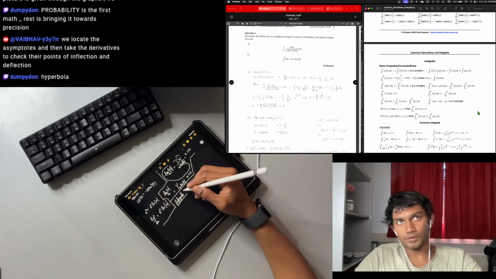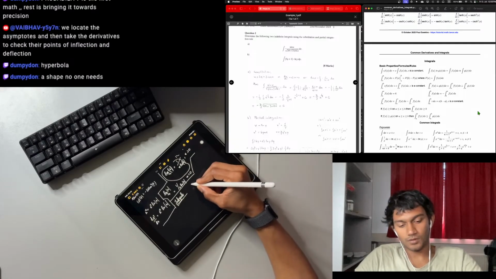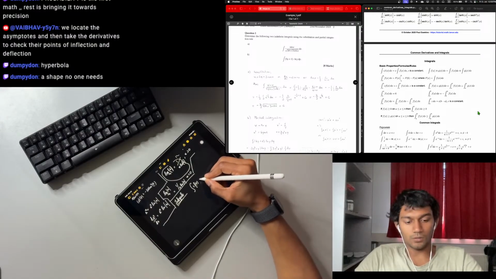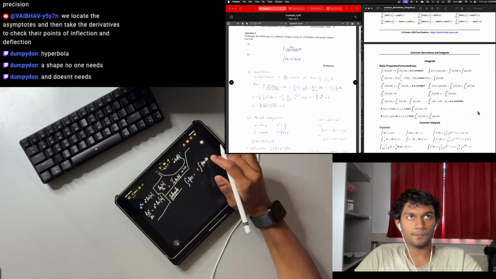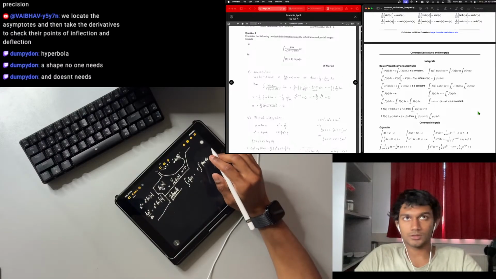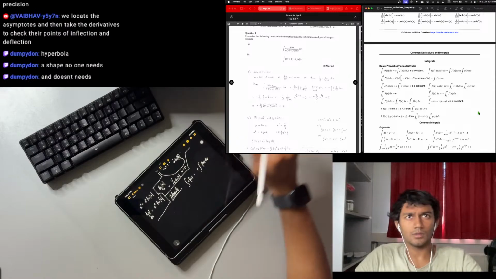Integrals. What are the basic formulas? Integral of c f of x equals, oh, just bring the c out. Integral of f of x dx. What?